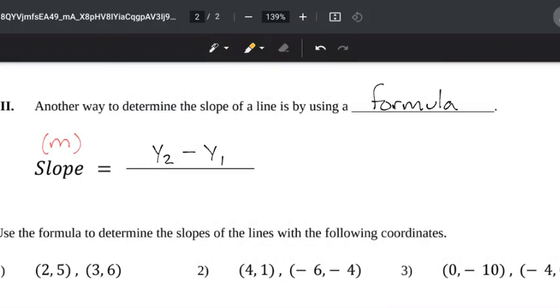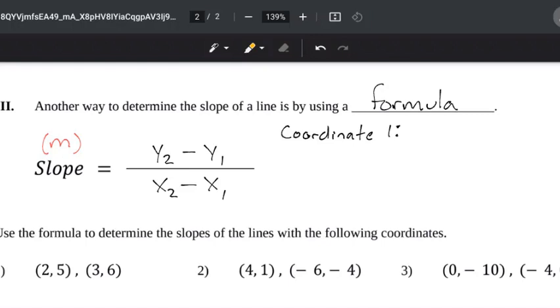And then over our change in x, which will follow the same pattern, x2 minus x1. So the 2's and the 1's are there to just help us organize our information, to help us determine what's our coordinate 1 and what's our coordinate 2. So let's jot that down. So we have 2 coordinates that we need to find the slope, just like we needed 2 points when counting.